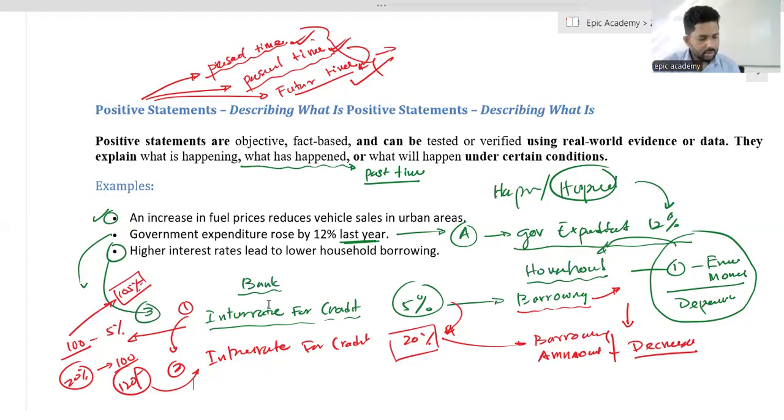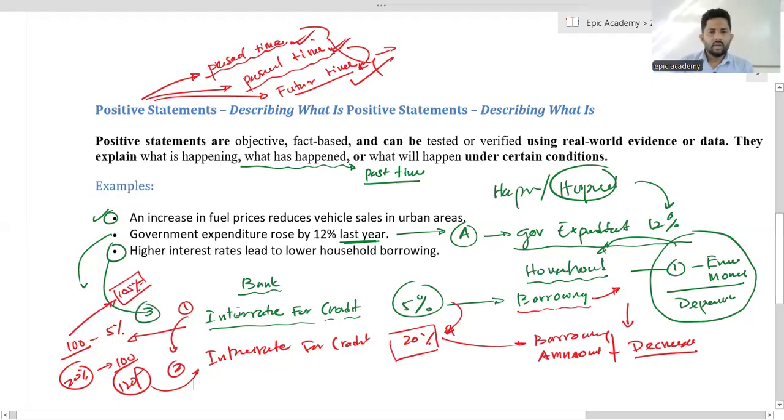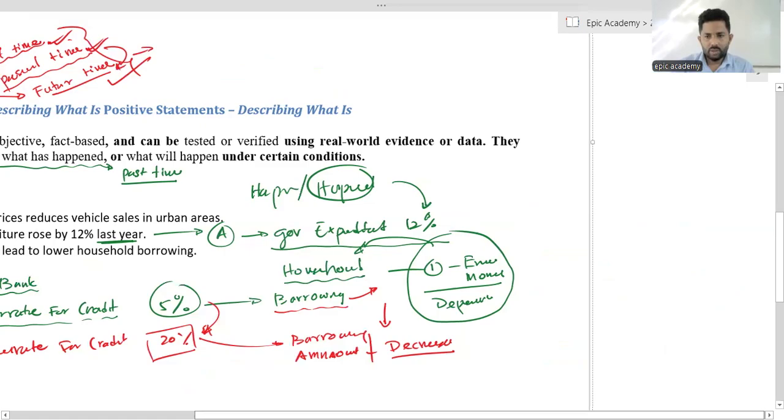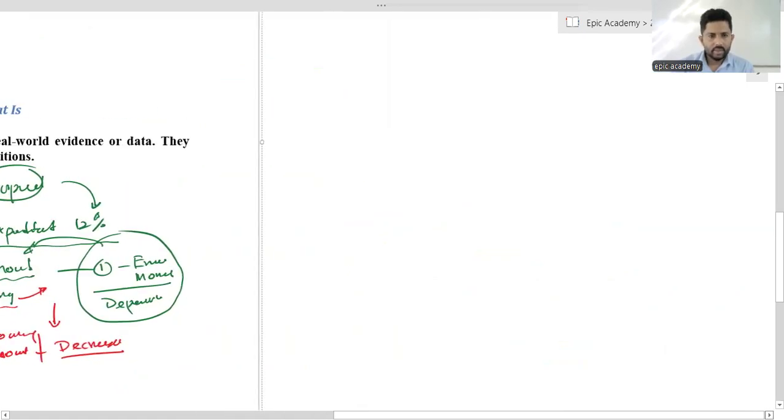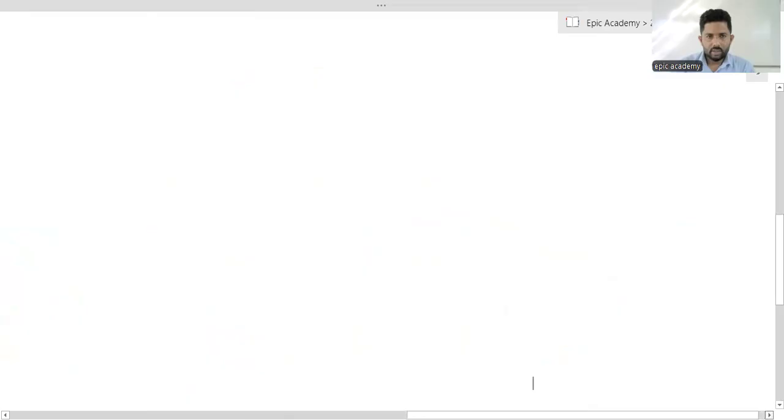So it is very easy to identify a positive statement. I will provide another example for the positive statement, then you can identify it very easily.